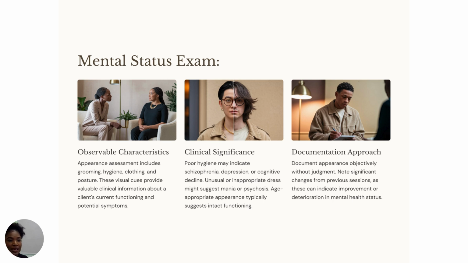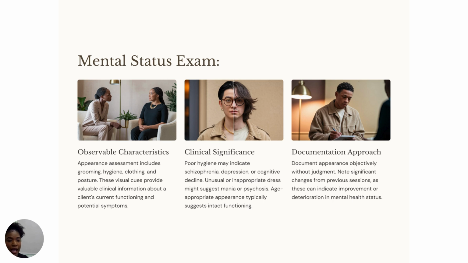So your mental status exam covers observable characteristics with clinical significance, like their hygiene, and always document your approach objectively, okay, without judgment. And you have to know how a client presents in your first session may change from the second, third, and so on.